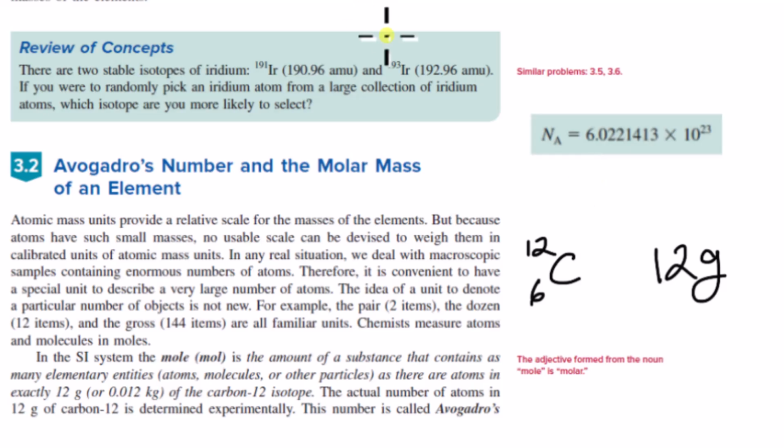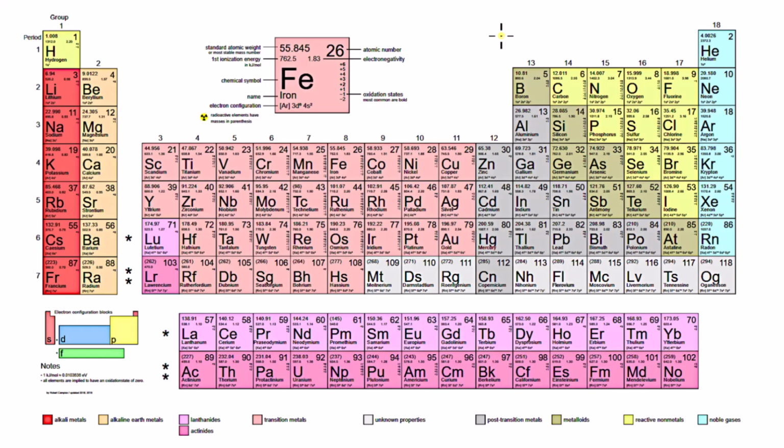How do we use the mole to bridge that gap between atomic masses and counts and the macroscopic human world? Well, if you're thinking about any specific atom, a specific isotope, or even just an element, there's 2 properties that any given atom or element has. One property is the atomic mass or atomic weight of that atom or element, right?